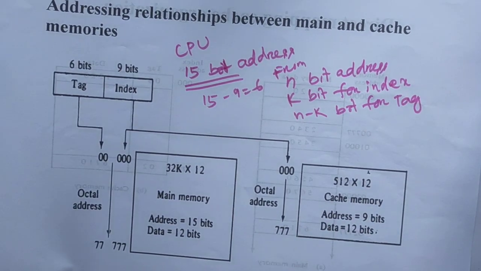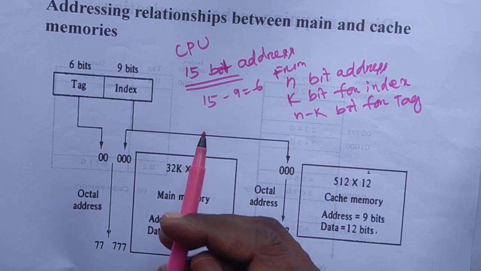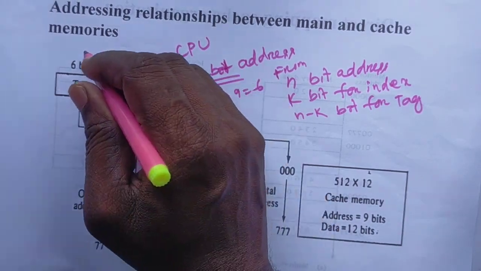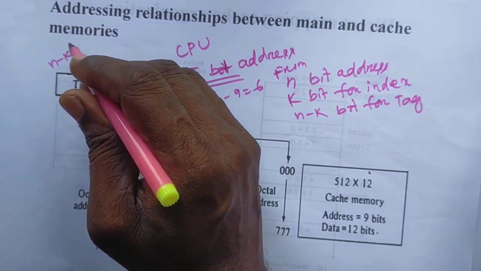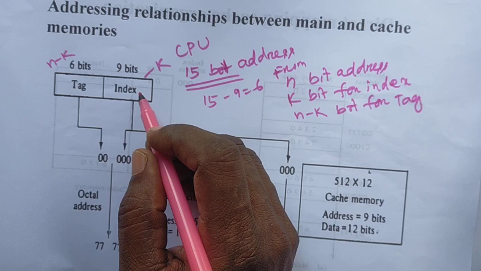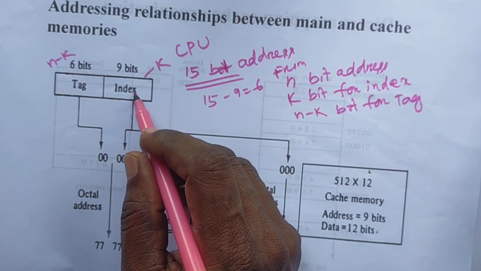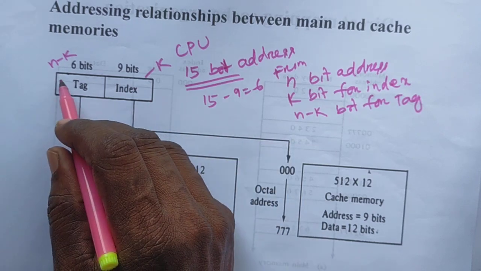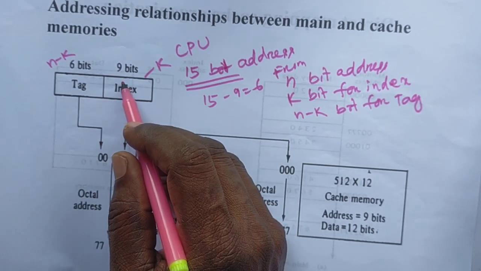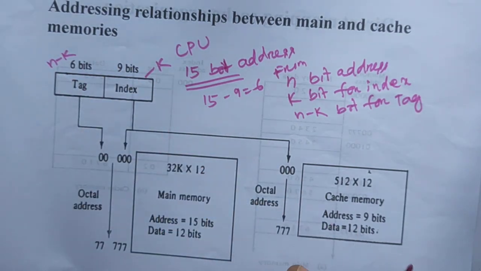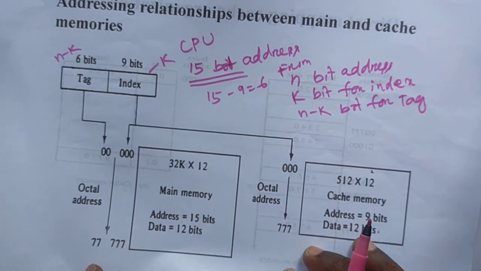Suppose we consider k bits for index, then the tag is n minus k bits. So if the total is 15 bits, 9 bits for index, n is 15, n minus k is 15 minus 9, that is 6 bits for tag. Like this we have to design the total address by the CPU.